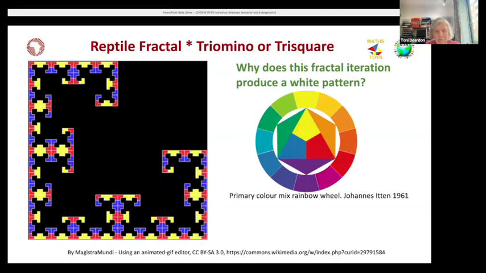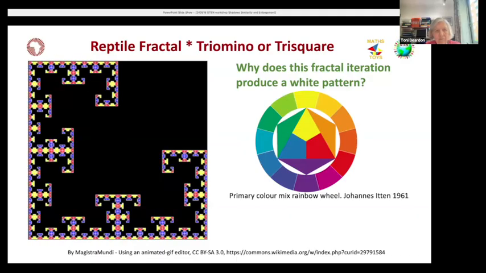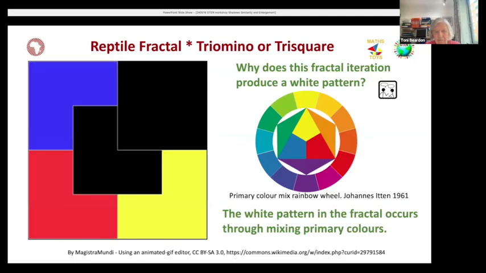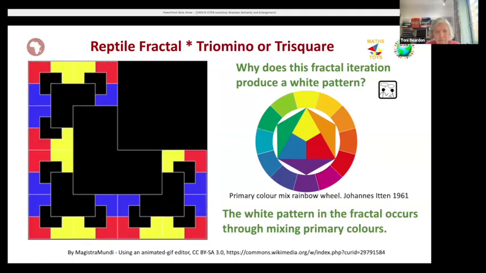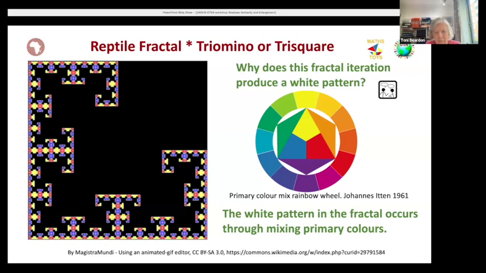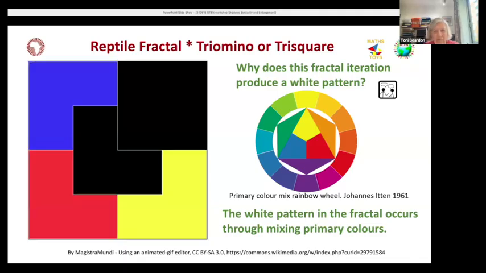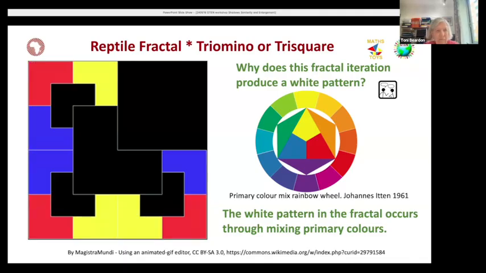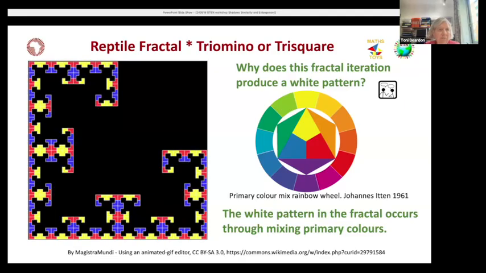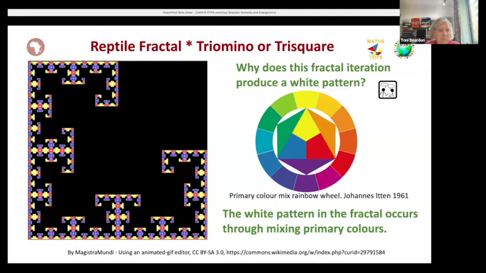This is very cross-curricular. You've got the science and the maths working together, so you can see how the maths is critical in the science, and you've got the red, yellow, and blue by mixing those 3 primary colours in light. The presence of 3 primary colours gives you white light, and that's what we're seeing here.